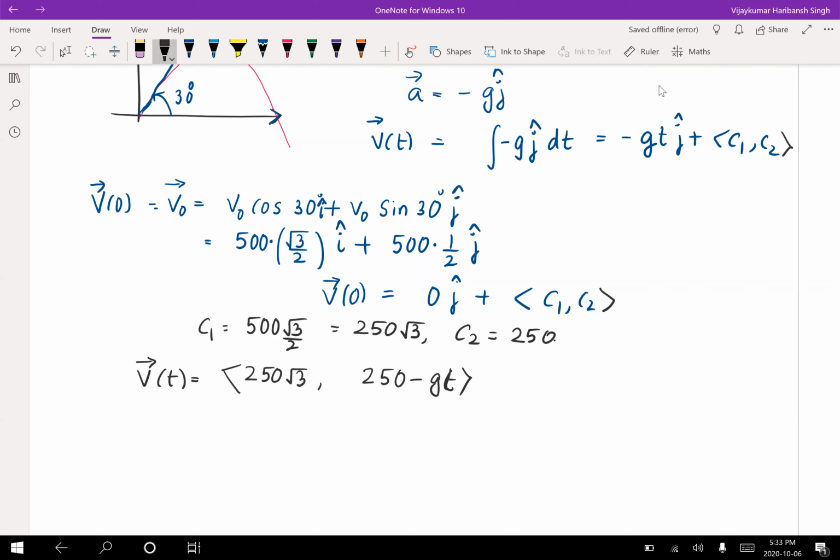Right, so this is our V of t, and now we need to find out R of t.